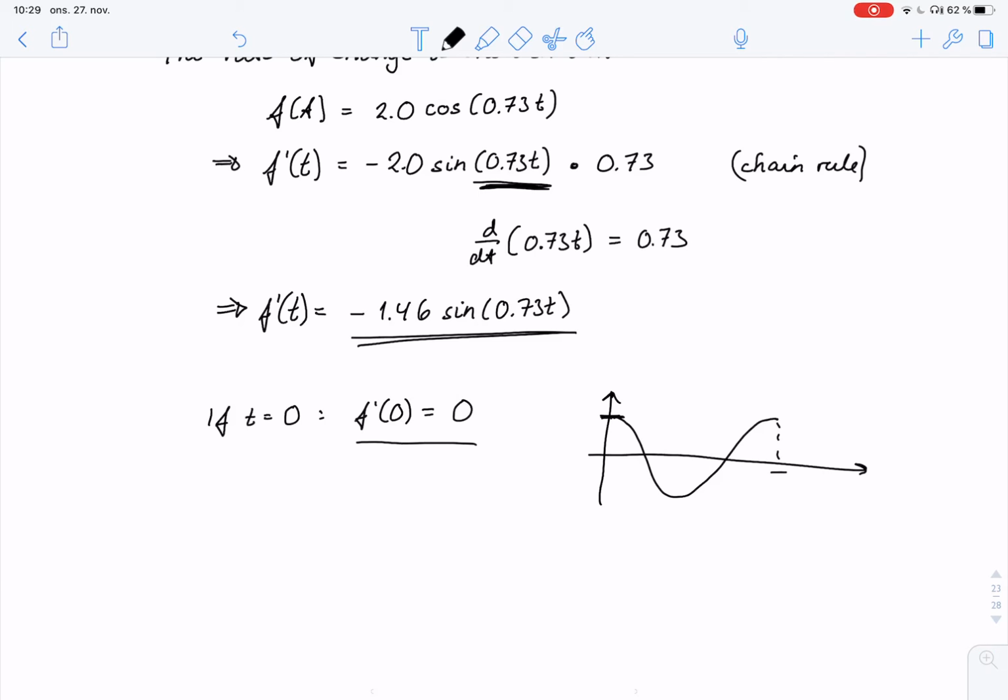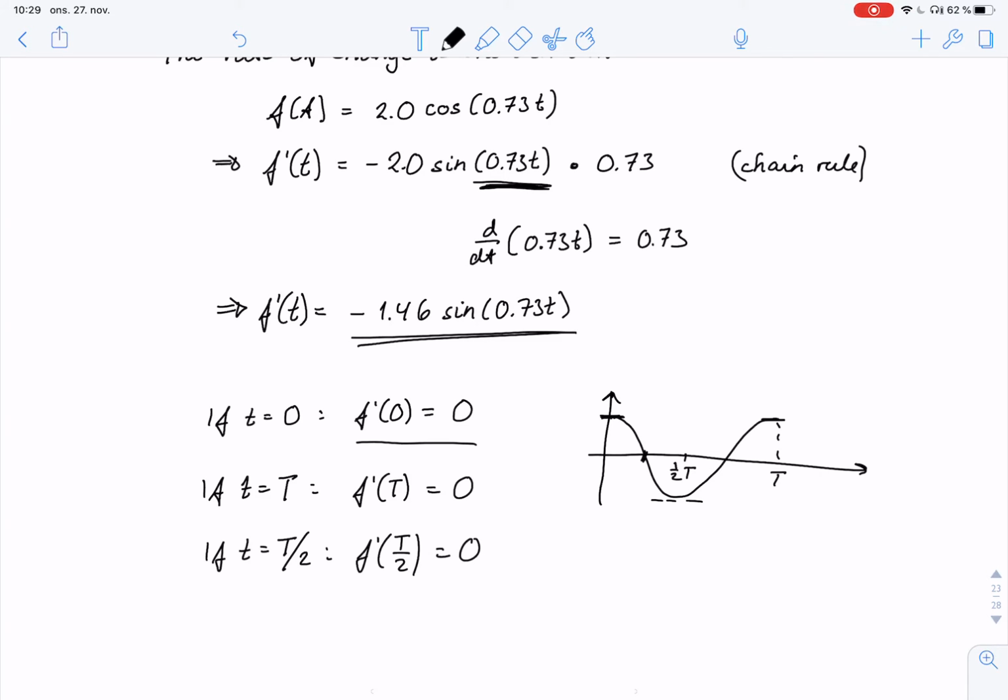And the same if we go to t, you'll also see that if you insert that, you will also get 0, because then we are at a new maximum. And a half t would give a minimum, so that one would also become 0.